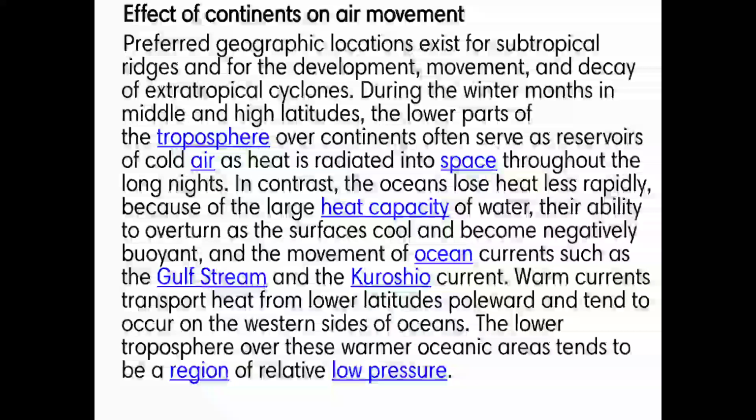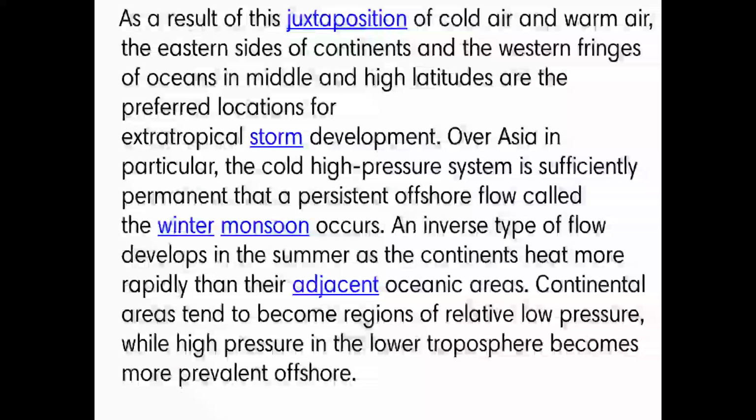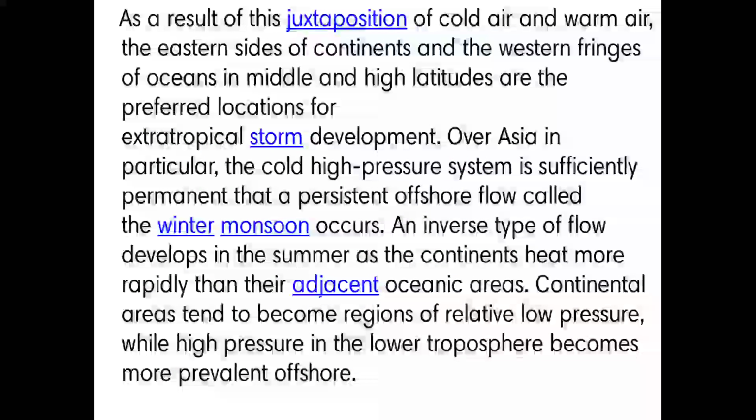The lower troposphere over these warmer oceanic areas tends to be a region of relatively low pressure. As a result of this juxtaposition of cold air and warm air, the eastern sides of the continents and the western fringes of the ocean in middle and high latitudes are the preferred locations for extratropical storm formation.